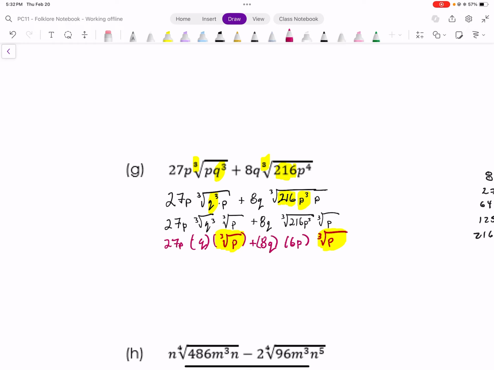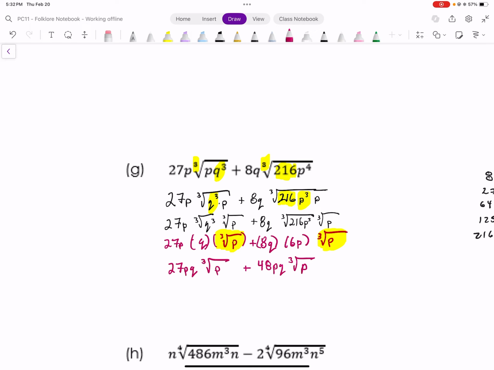So we have like terms. I'm just going to clarify the coefficients. So this is really 27pq, the cube root of p, plus 8 times 6p is, 8 times 6 is 48pq times the cube root of p.